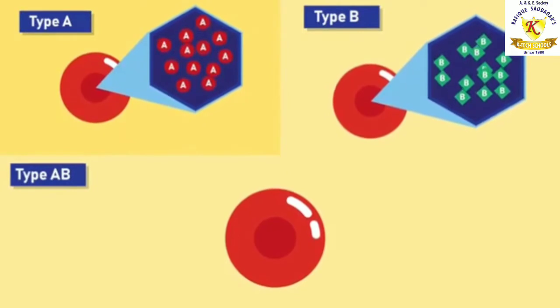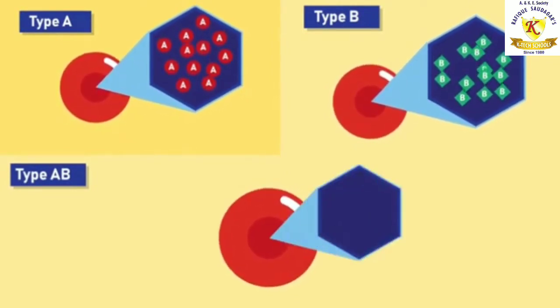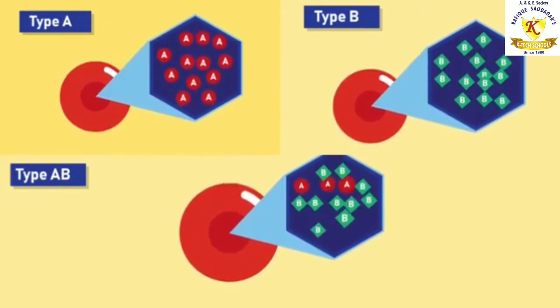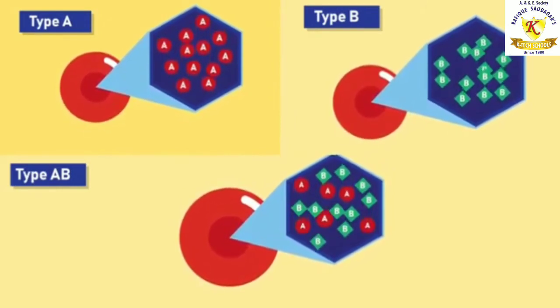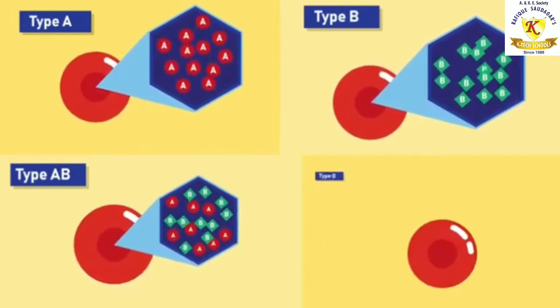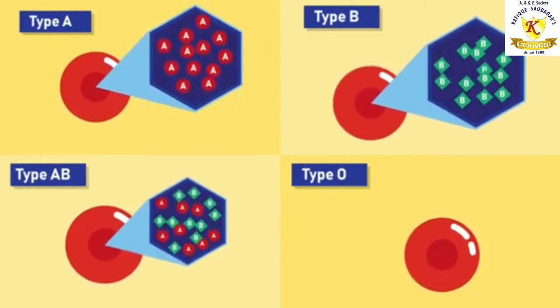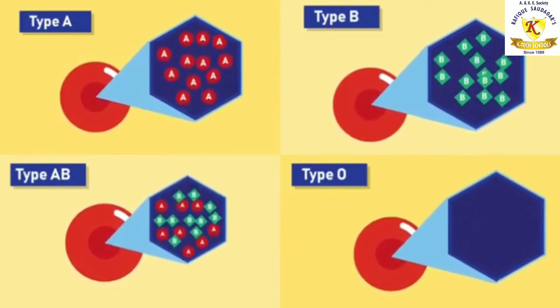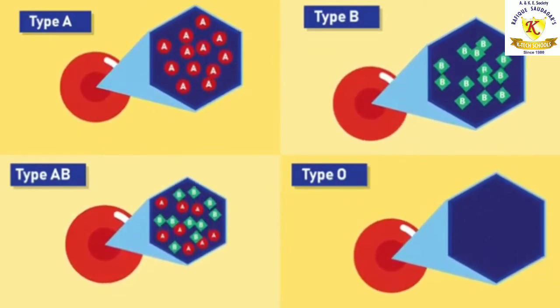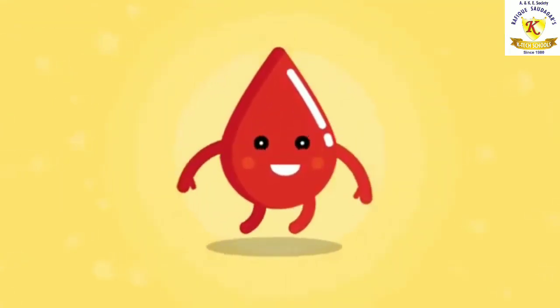Blood type AB: if the red blood cells have a mixture of both A and B molecules. And blood type O: if the red blood cells have neither A nor B molecules. So these are the four types of blood.